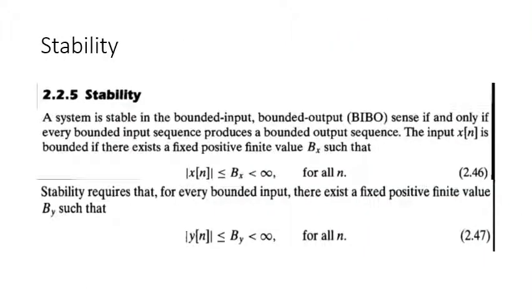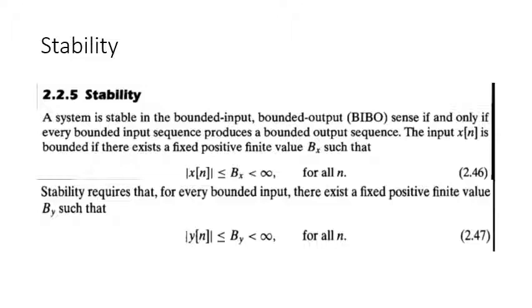Another important property of a system is stability. A system is said to be stable, or BIBO stable, meaning bounded input, bounded output. If input is bounded, output must be bounded. For example, if we provide an input with a voltage of 10, and the system is a squarer system, output cannot go beyond 100.